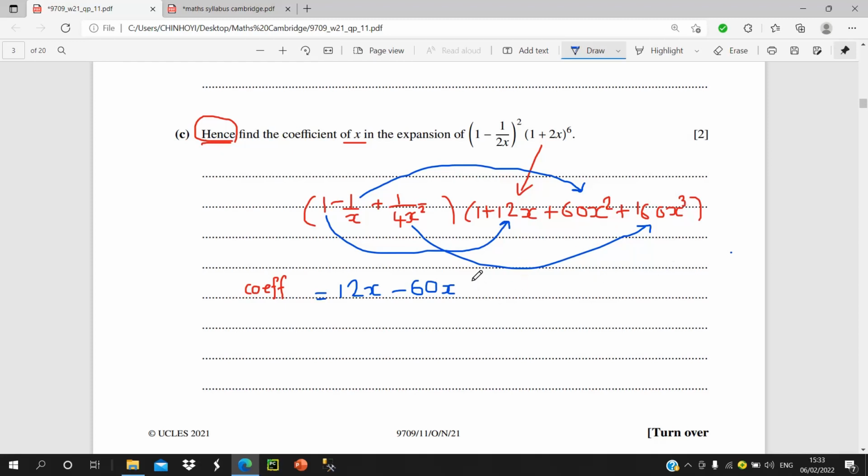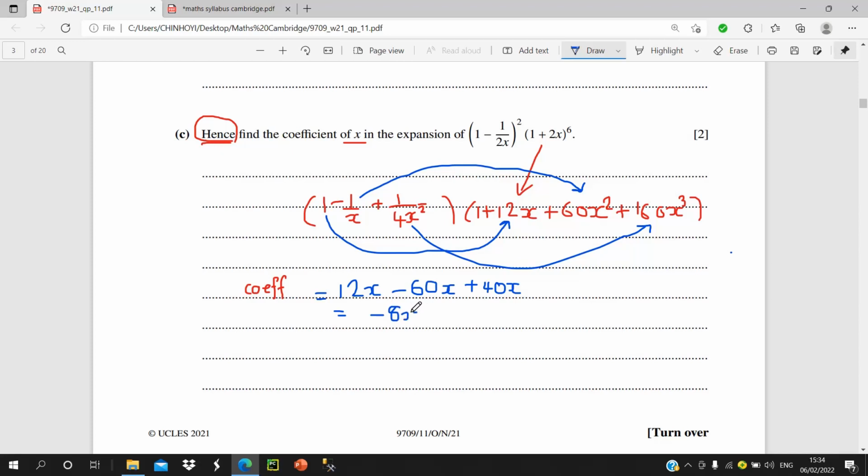So we are going to get plus 40x. If you simplify these terms, they are like terms in terms of x. You are going to say 12x minus 60x minus 40x. Your result will give you minus 8x.